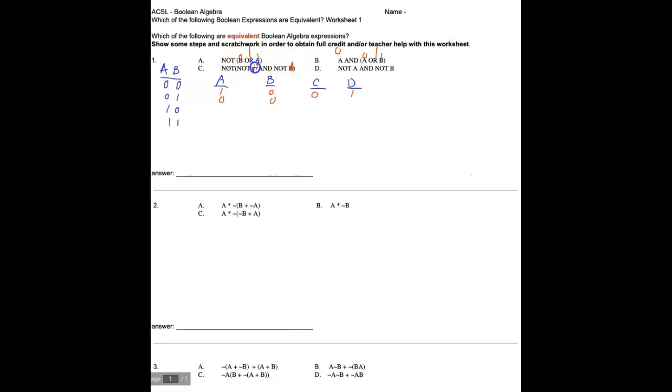That's a 1 overall, ANDed with a 0. Overall inside there we have a 0, the not of a 0 is a 1. And plugging in a 0 and a 1 here. The not of a 1 is 0, 0 ANDed with anything is overall 0. So far, possibly column A and column D will end up being equivalent.